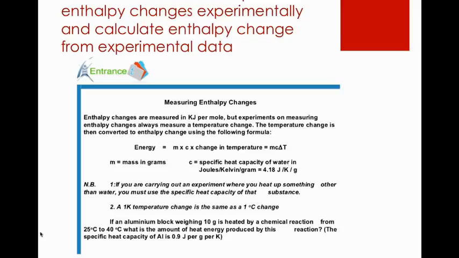For example, if you were interested to know the energy required to raise a mass of a metal a specific amount of degrees, you could find that energy by using the formula mc delta T. You've done this in grade 9 and grade 10 chemistry.